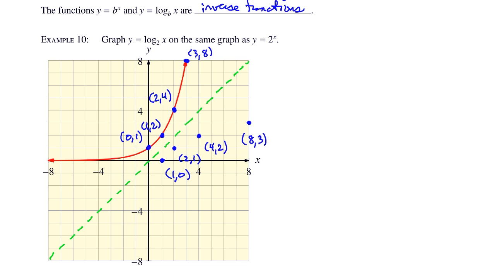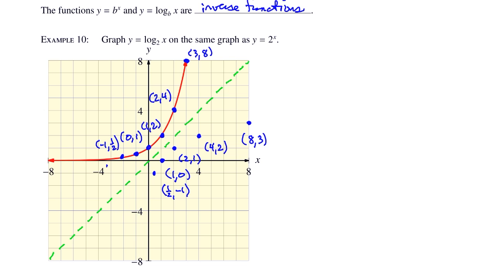Let's do a few points on the negative side. When x is equal to -1, we get 1/2. That's because 2 to the -1 power is 1/2. To mark that, we'll go to where x is equal to 1/2 and go down to -1. So that point there is 1/2, -1. Let's do one more here.